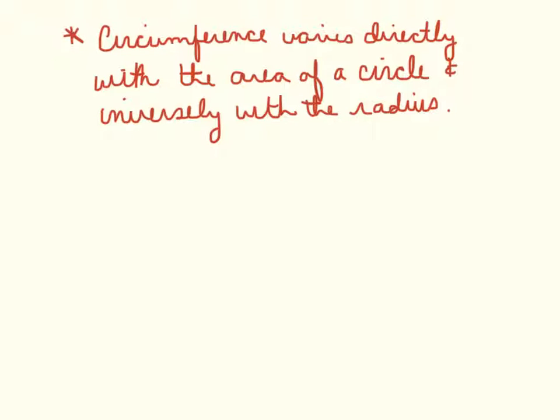Then it gives me a few numbers to help me find some stuff. But let's first look at this statement. Circumference, so we use C, varies directly, so we got a K in here because we have to have some constant, with the area of a circle, so we'll put area, and inversely with radius, so we'll put R in the denominator. So there's our general model for this equation.